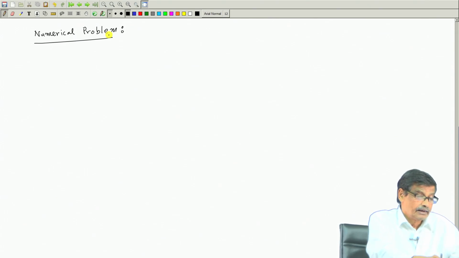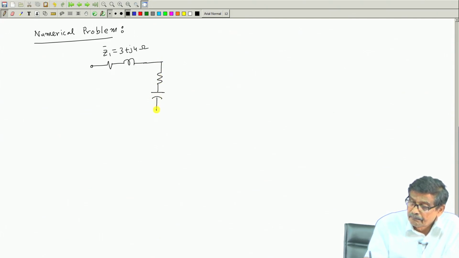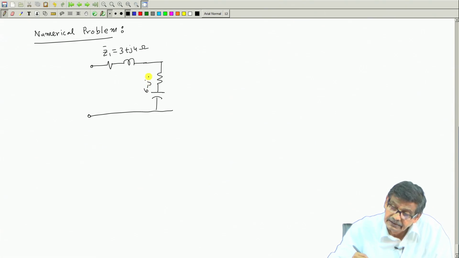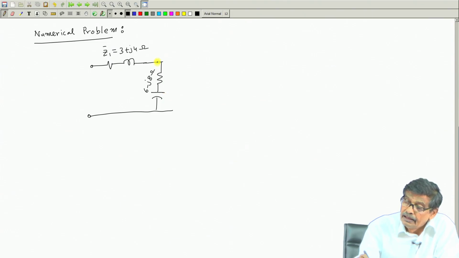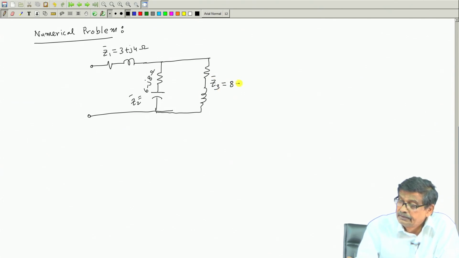Here is one impedance, say Z1 equal to 3 plus j4 ohm, and here is another impedance, R C, whose value is 6 minus j8 ohm, capacitive reactance minus j8 ohm, and here is another branch which is R and L. Let this impedance be called Z2 bar, and let this impedance Z3 bar, which is once again RL inductive, 8 plus j6 ohm.